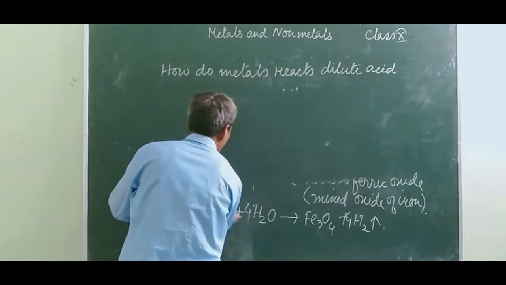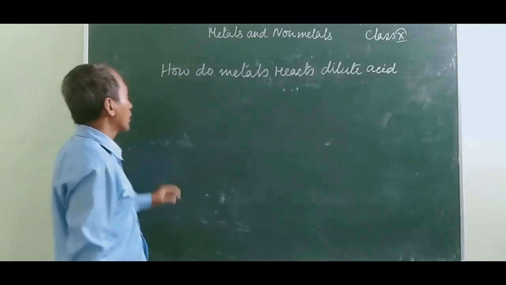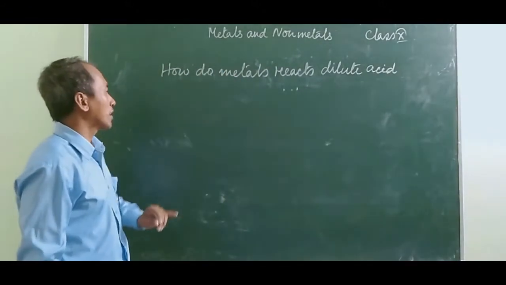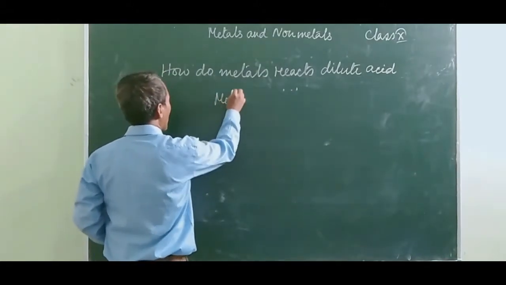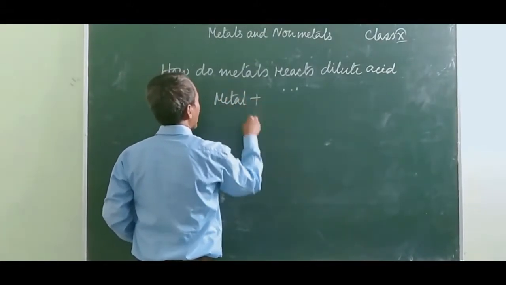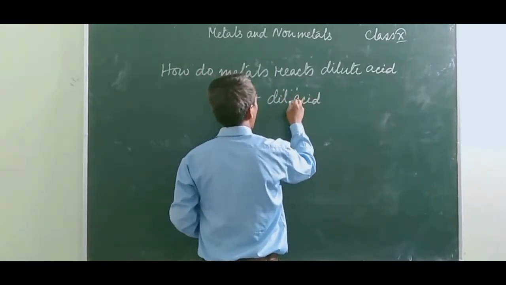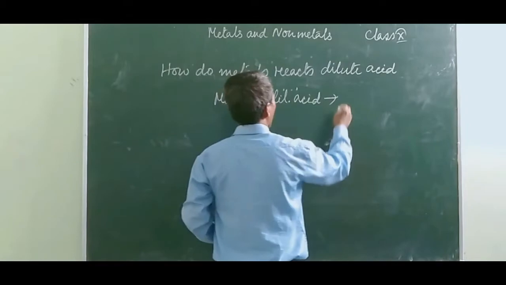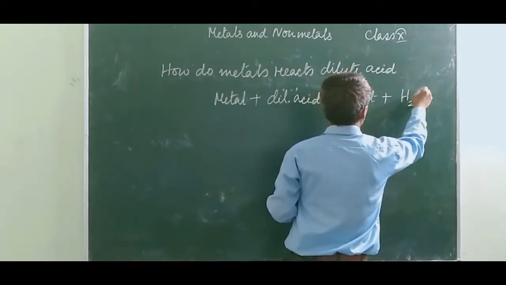Acid may be any acid, hydrochloric acid, sulfuric acid, or nitric acid. So how do metals react with dilute acid? The formula is very simple. Metal plus dilute acid gives you salt plus hydrogen gas.